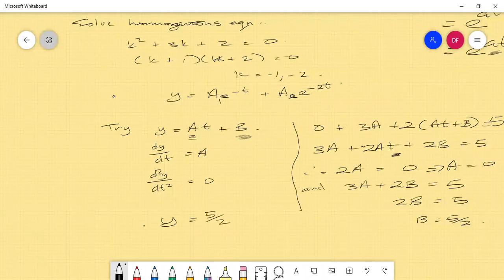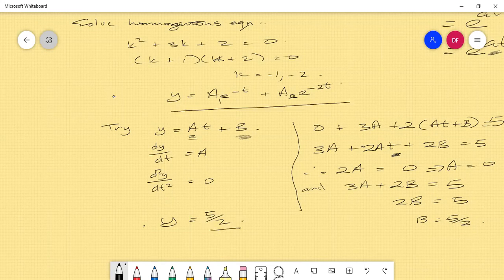So now my general solution for this differential equation. Remember, we solve the homogeneous equation, and then this constant term, or as we say in engineering, this DC component, so y is going to be equal to A1 e to the minus t plus A2 e to the minus 2t plus the DC component, which is 5 over 2.